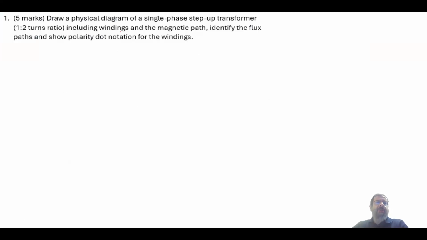So here it says, draw a physical diagram of a single phase step-up transformer with a 1 to 2 ratio, including windings and the magnetic path, identify the flux path, and show polarity dot notation for the winding. So here is the physical diagram of a transformer.